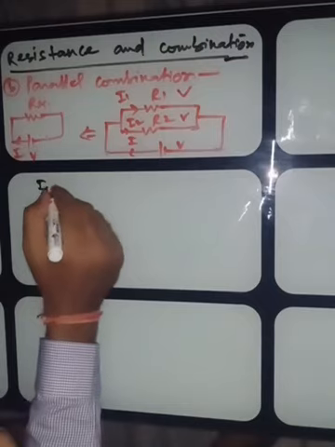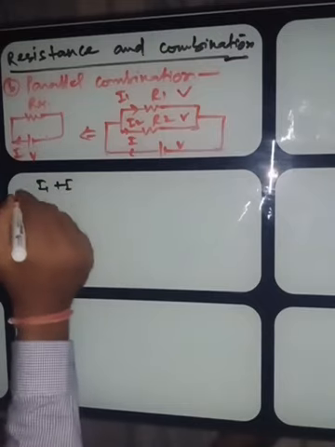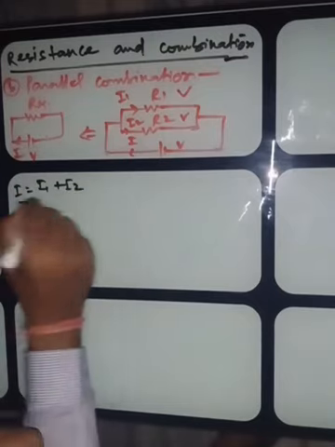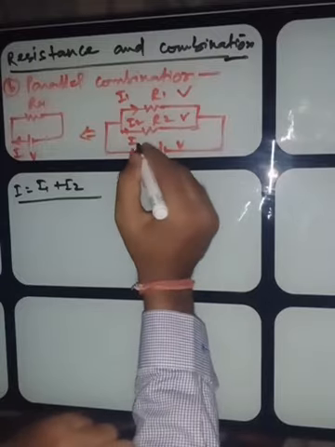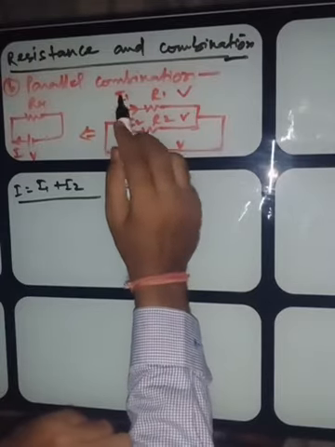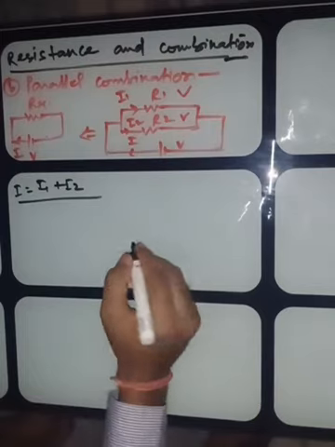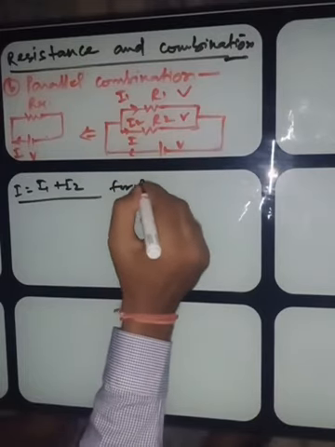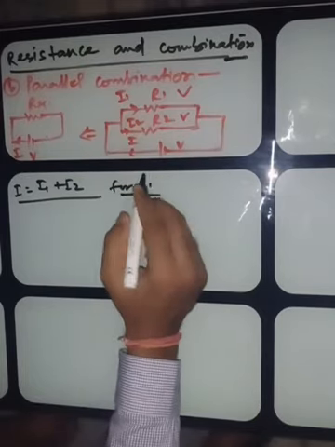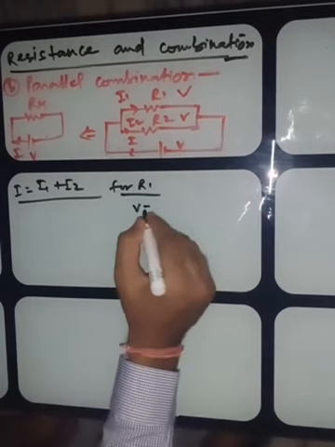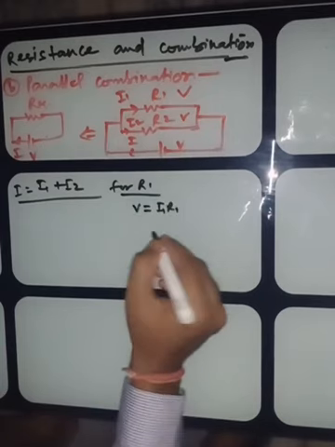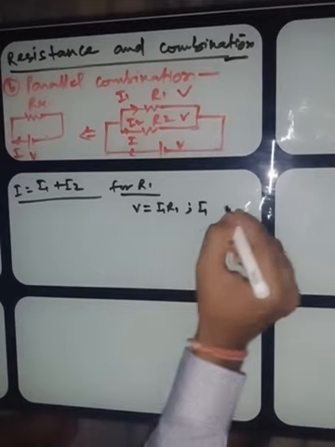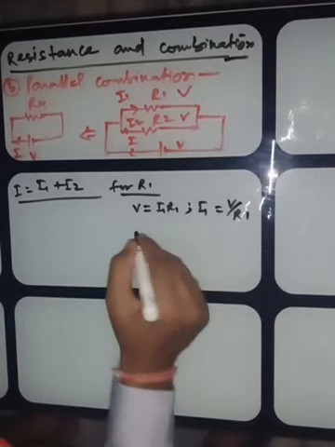Now my dear student, remember this: I is I1 plus I2. Here the current is breaking into two parts. This I is the sum of I1 plus I2. For R1, you can write V equals I1 R1, or I1 equals V by R1.